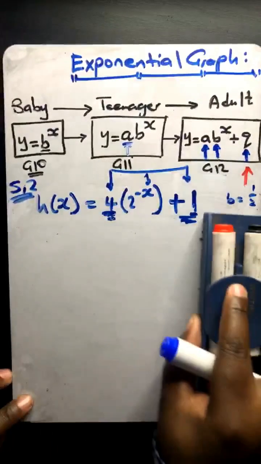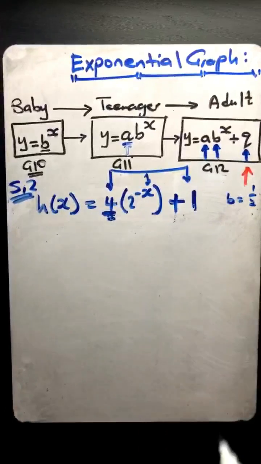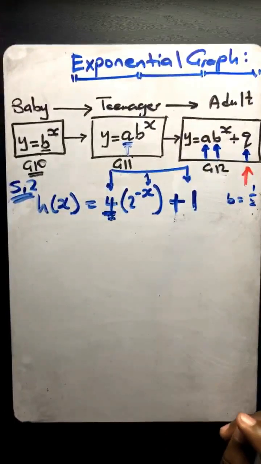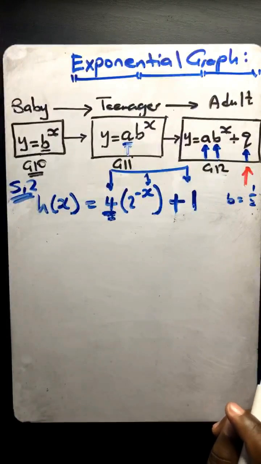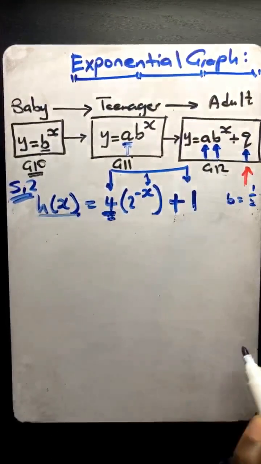regarding that vertical shift. So the second question says, explain why h does not have the x-intercept.